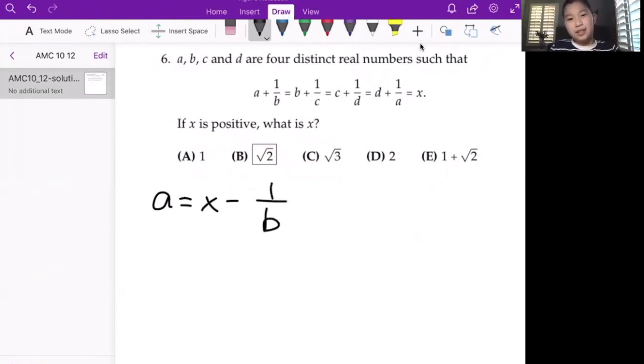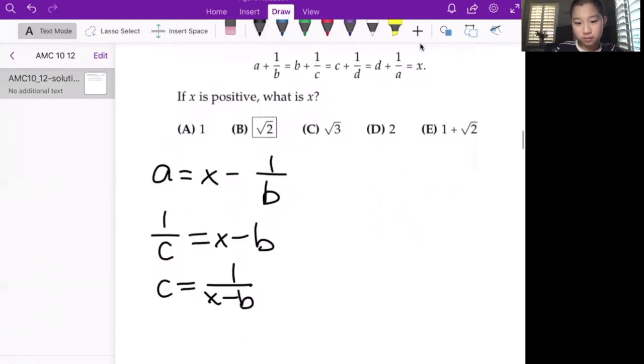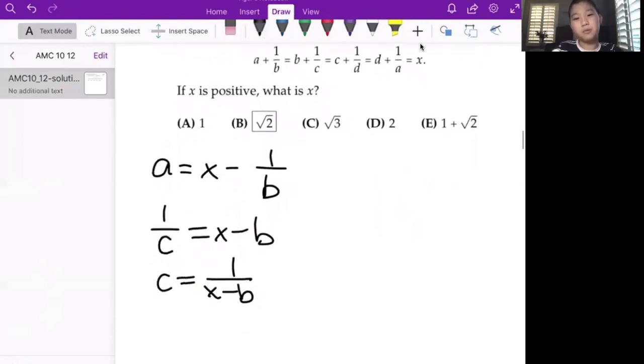And then in the second equation, let's try to isolate C. So B plus 1 over C equals X. So 1 over C equals X minus B, or C equals 1 over X minus B. And now we plug them into the third and fourth equations.